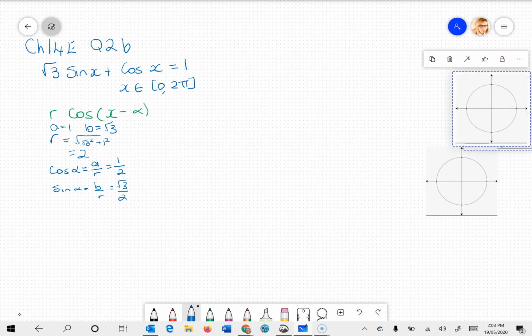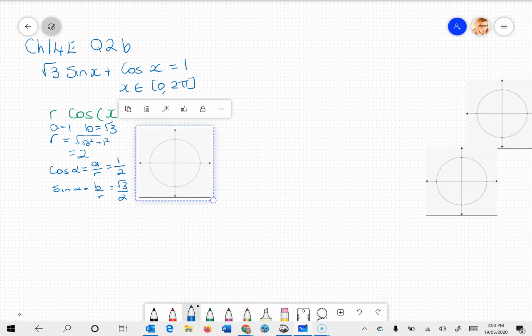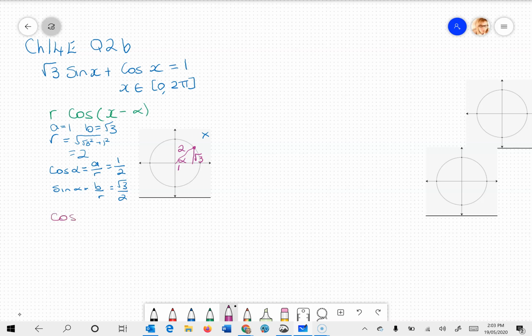So if we look over here on a little diagram, sine and cos are positive. That's 2, that's 1, it's root 3, and that's our alpha. Therefore, if we look at our inverse cos of 1/2, it equals pi over 3.